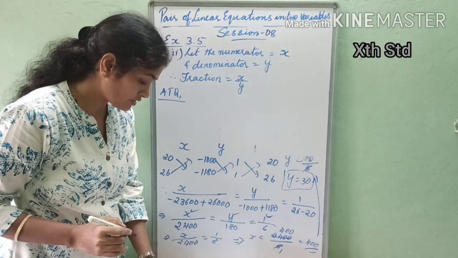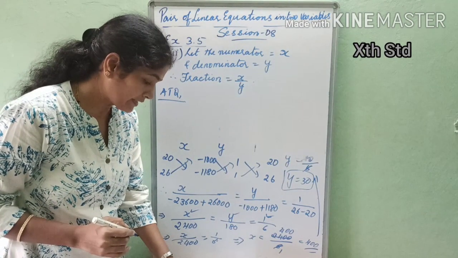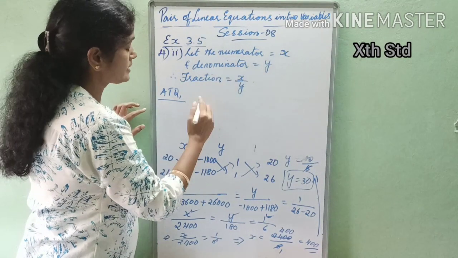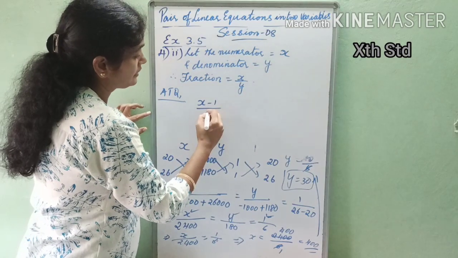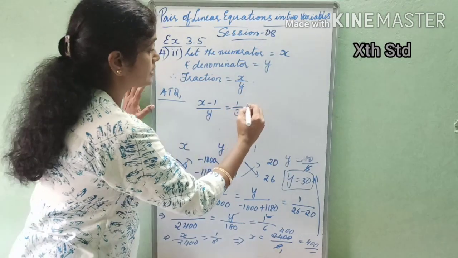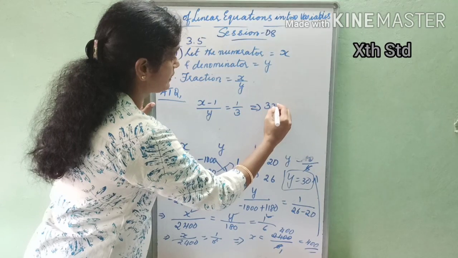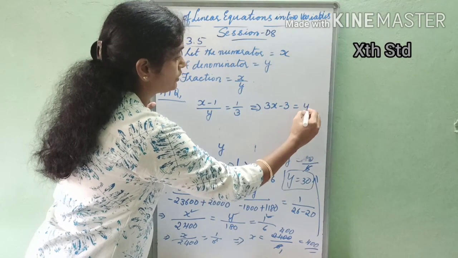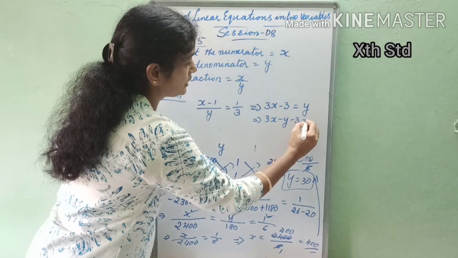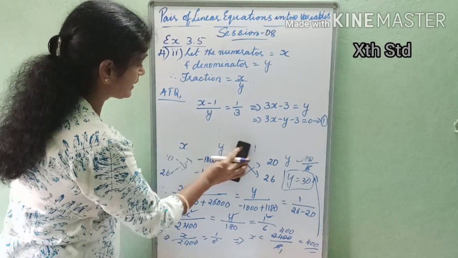The fraction becomes 1 by 3 when 1 is subtracted from the numerator. Numerator is x, so from this 1 is subtracted, the denominator is the same, then the fraction becomes 1 by 3. Now put this in the standard form. So cross multiply: 3x minus 3 is equal to y, which implies 3x minus y minus 3 equals 0. This is your first equation. Then the second one.